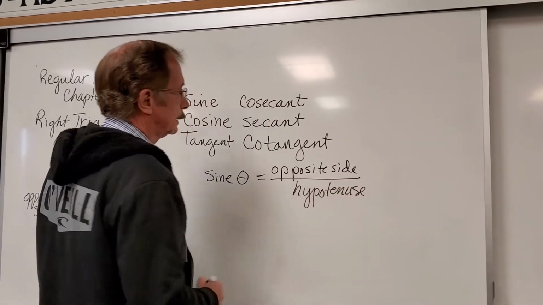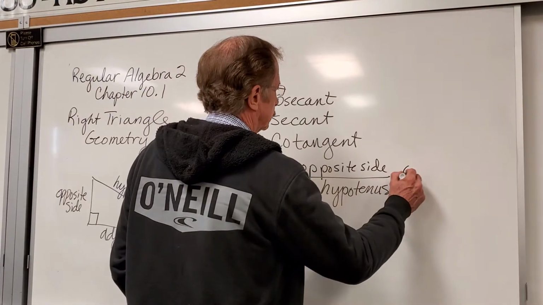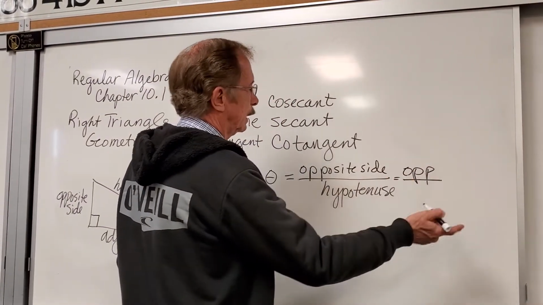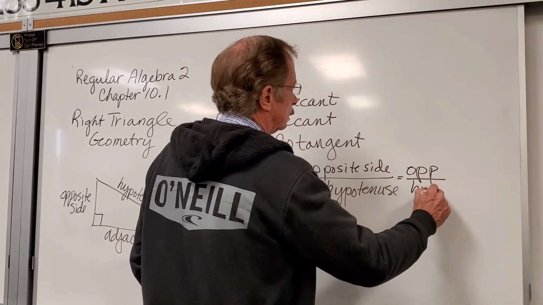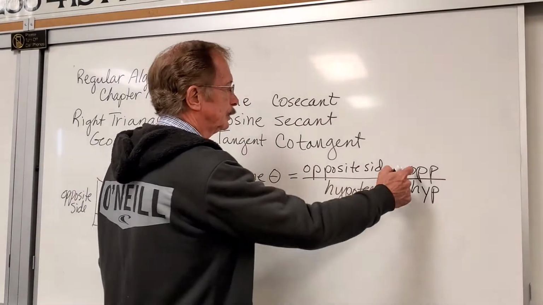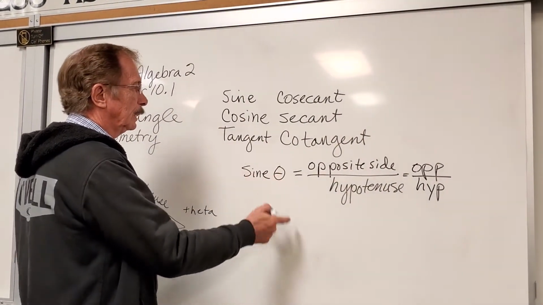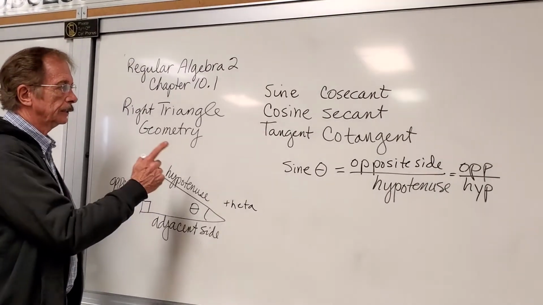You're going to get tired of writing all that, so we do use abbreviations: op, standing for the opposite side, and hyp, referring to the hypotenuse. You'll see it even in the textbook defined like that. The sine of theta is the ratio of the opposite side to the hypotenuse.